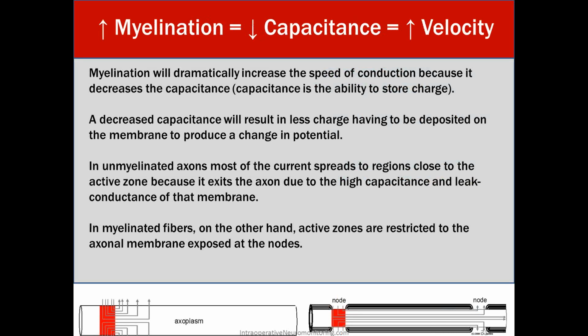If you have more myelin, you have less capacitance and you have a higher velocity. Myelination will dramatically increase the speed of conduction because it decreases the capacitance, which is the ability to store a charge. The decreased capacitance will result in less charge having to be deposited on the membrane to produce a change in potential.